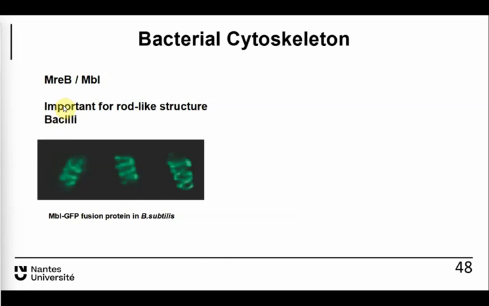Okay, so spherical bacterial cells, cocci, do not have a gene for MreB or Mbl. They've lost it. That's why they're round. So just this one protein determines whether the bacterium will be a bacillus or a round coccus.